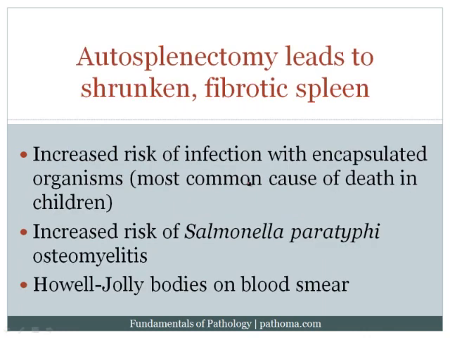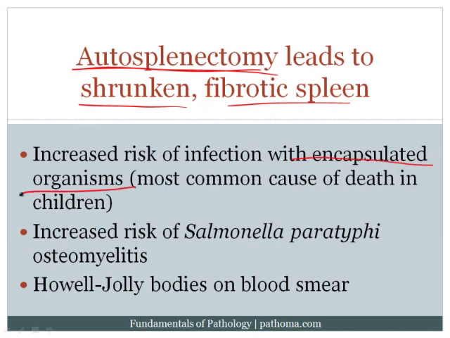Additionally, because they get vasoocclusive crises in the spleen, eventually the spleen gets infarcted and disappears. That's called autosplenectomy. It results in a shrunken fibrotic spleen. Loss of the spleen then results in a series of problems. Number one, if the spleen is no longer present, the primary source of antibody production, which is the spleen, is lost, and there's going to be an increased risk of infection with encapsulated organisms.